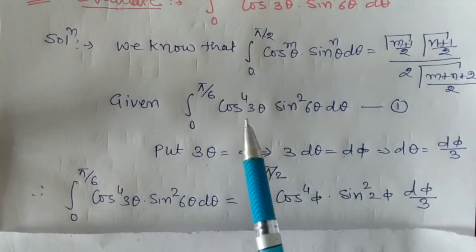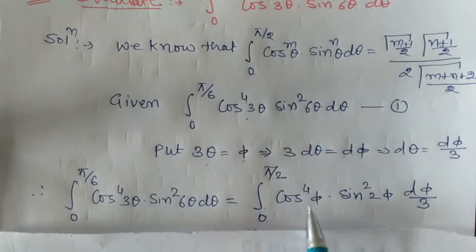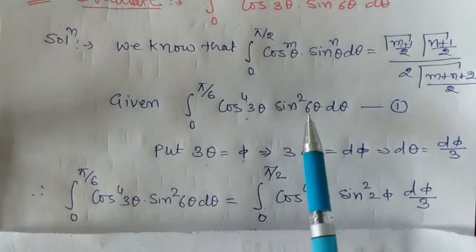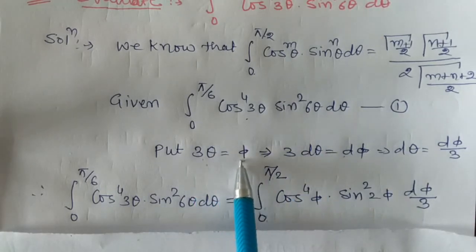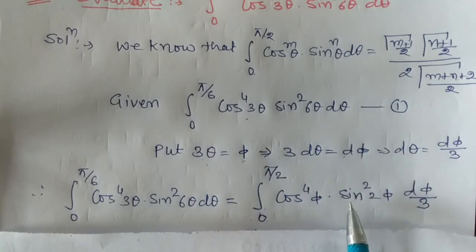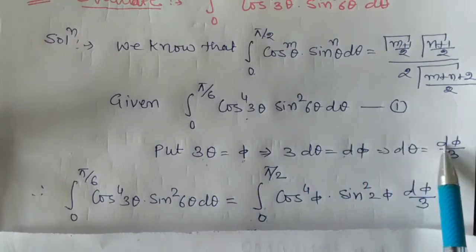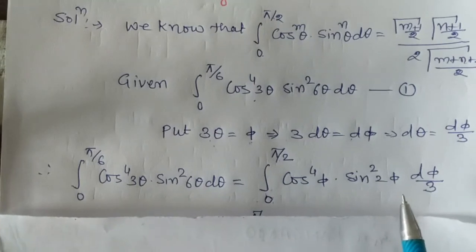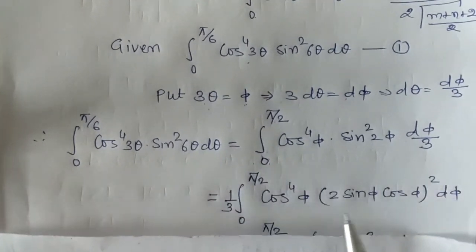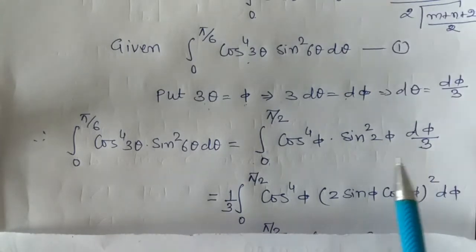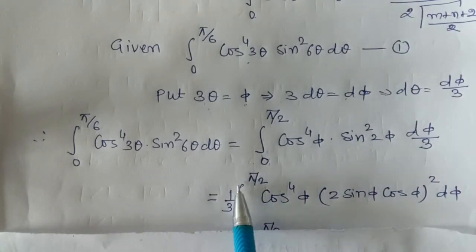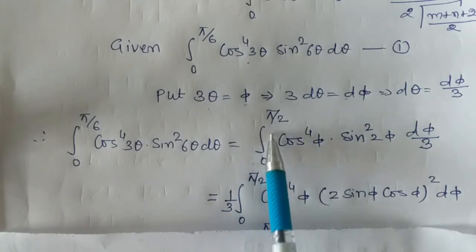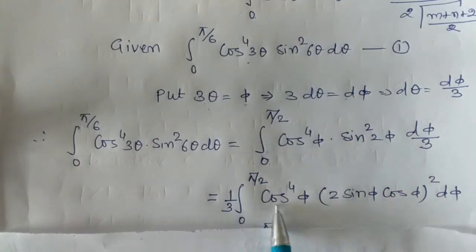Now cos 3 theta is cos phi, so we have cos phi power 4 into sin 6 theta gives sin 2 phi square into d theta become d phi by 3. Further we write 1 by 3 constant outside the integral. Integration limit is 0 to pi by 2 cos phi power 4.